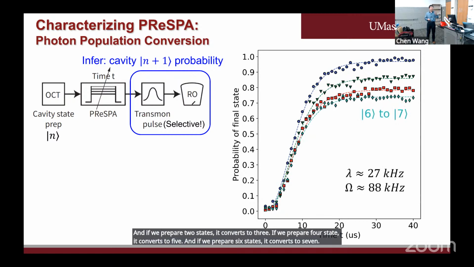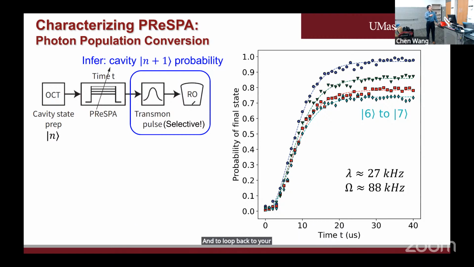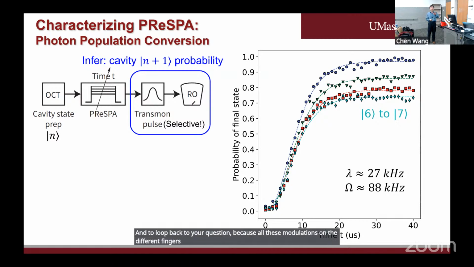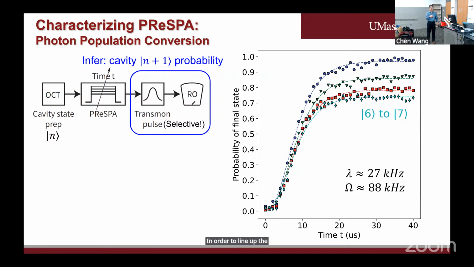And to loop back to your question, all these modulations on the different fingers of the comb can be controlled by the AWG programming. So we tweak the amplitude of all these different IF modulations to control the magnitude of the drive for the first leg of the pumping and second leg of the pumping, in order to line up the temporal profile of these conversions.